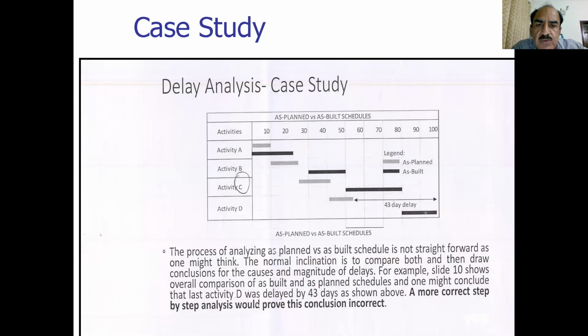Activity C, which was supposed to start from something like the 25th day, started from the 30th day and then ended at the 50th day. And if we look at the next activity, which was supposed to start from something like the 45th day and finish at the 55th day, basically it started from the 50th day.